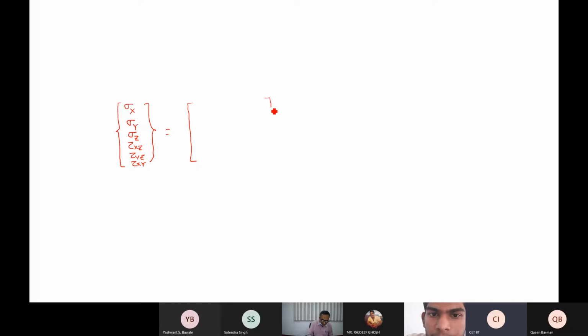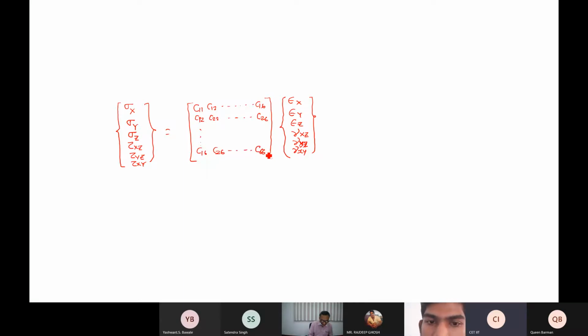I think you understand what those 6 components of stresses and strains are: epsilon x, epsilon y, epsilon z, gamma xz, gamma yz, and gamma xy. So this is C11, C12, like this up to C16, C12, C22, C26, C16, C26, C66.